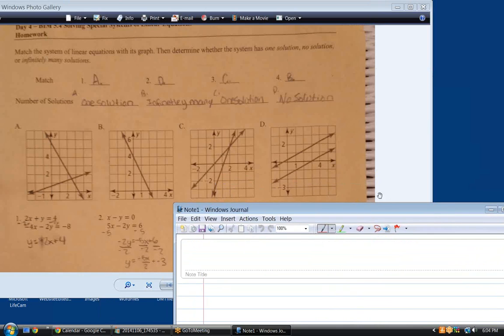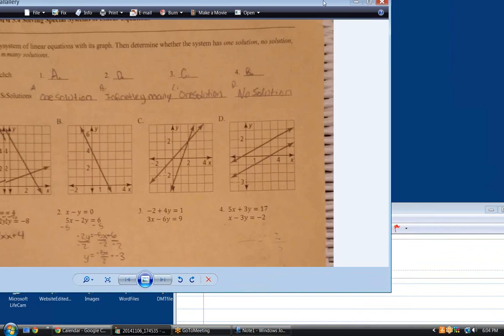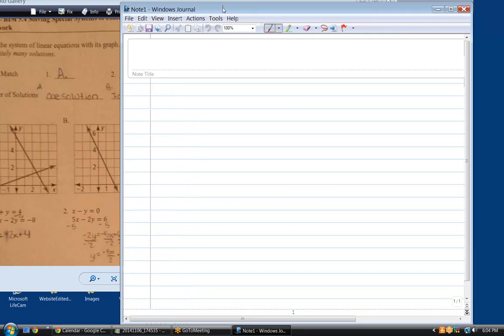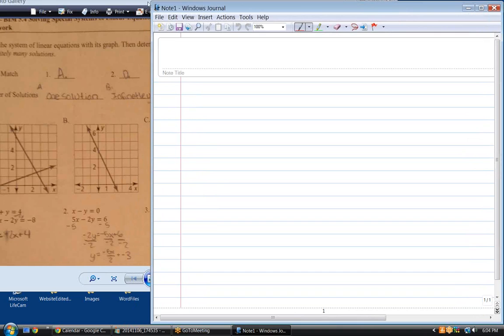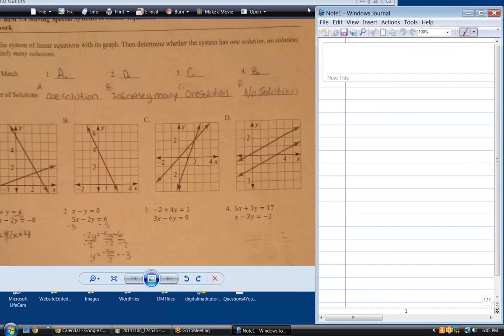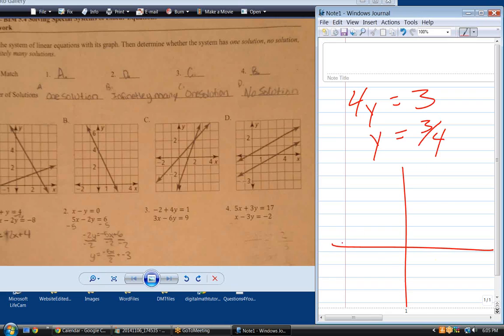If we solve that equation, hold on a moment. This is a bit strange. I don't know if it's a typo or what, but if I solve that equation, I get 4y equals 3. So y equals 3/4. And if I graph y equals 3/4, that is a horizontal line going through the point 3/4. And I don't see that anywhere.